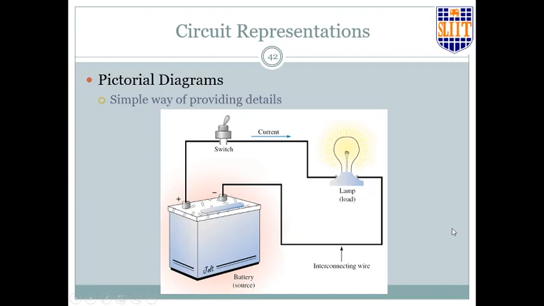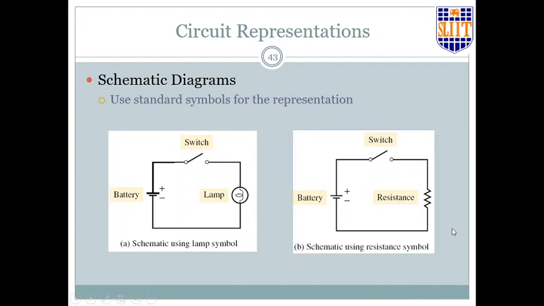So if you are given these two items and asked maybe a grade 5 kid to assemble it, he would have it. Right? But now you are undergraduate students, so we will not be using this sort of diagrams, but we will be using these diagrams that are known as schematic diagrams.